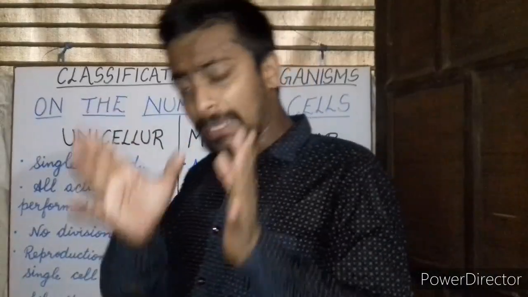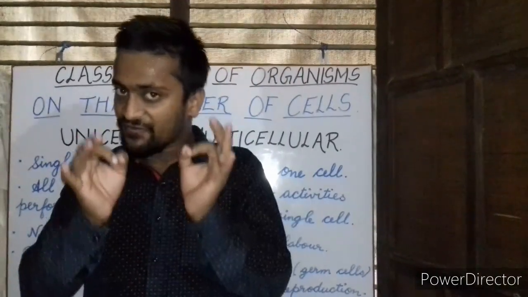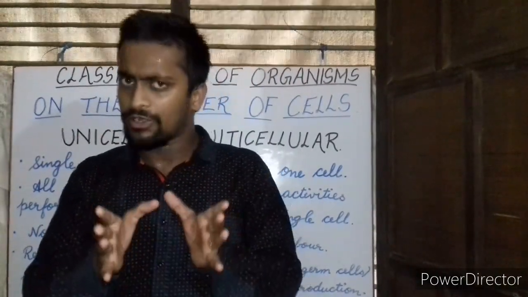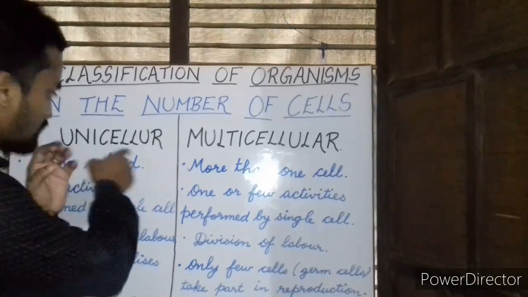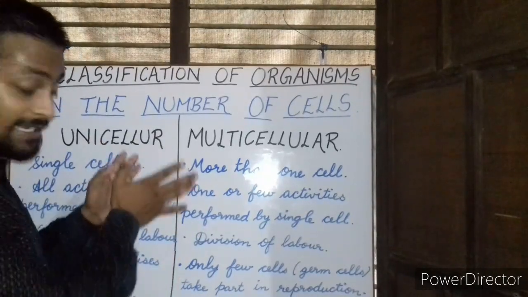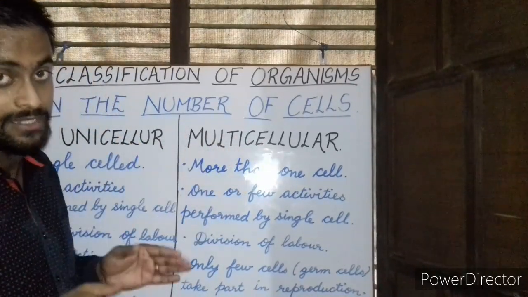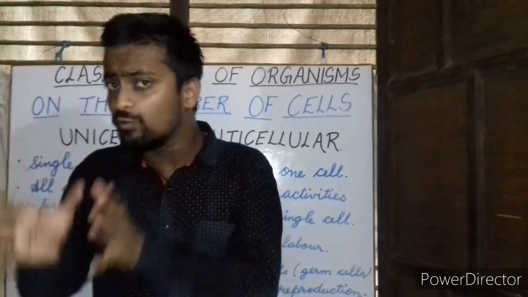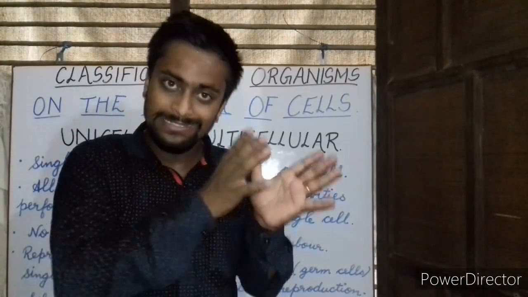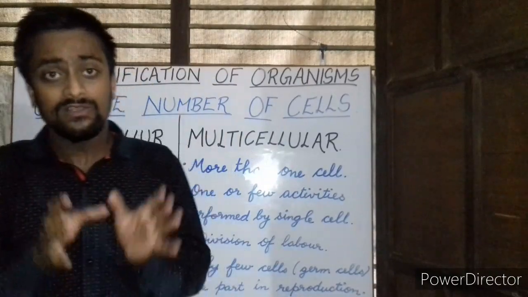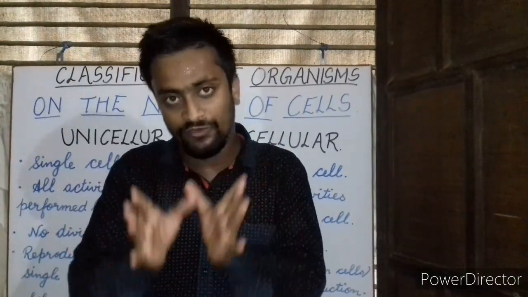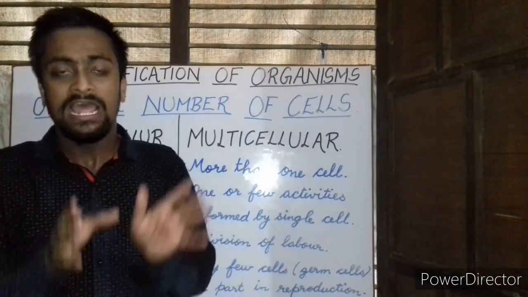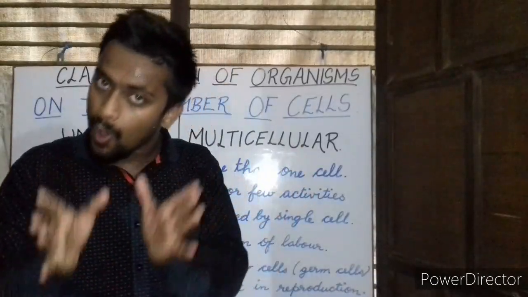On the basis of number of cells, the organisms are further classified into two types. What are those? The first is the unicellular organism and second is the multicellular organism. The word uni means one or single, and cellular means cells. So those organisms which consist of a single cell in their body organization are called unicellular organisms.